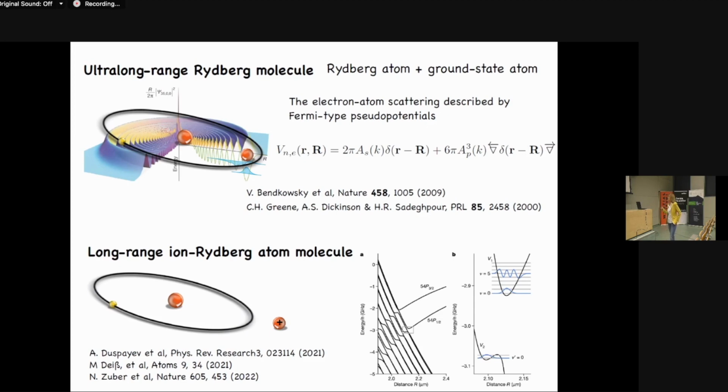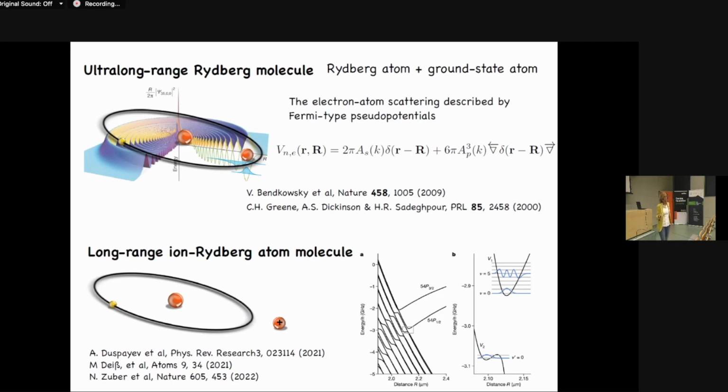They were seen quite a few years ago, like 13 years ago, in the group of Tilman Pfau, and they have been described with the electron-atom scattering. The interaction is described with the electron-atom interaction with this Fermi pseudopotential, where we have the interaction with the S-wave scattering length and with the P-wave scattering length, and they have been seen in many systems.